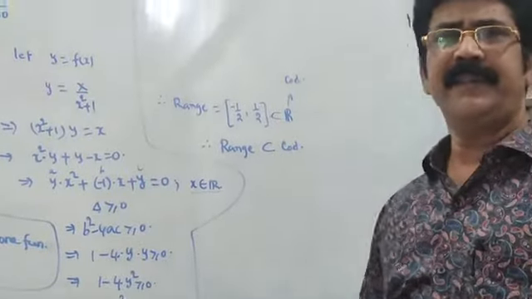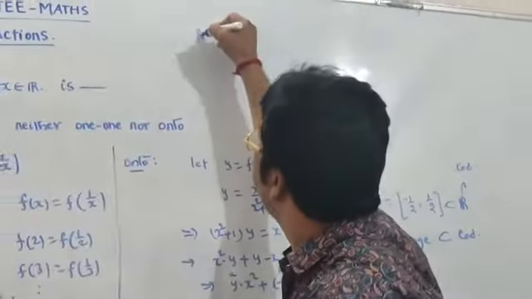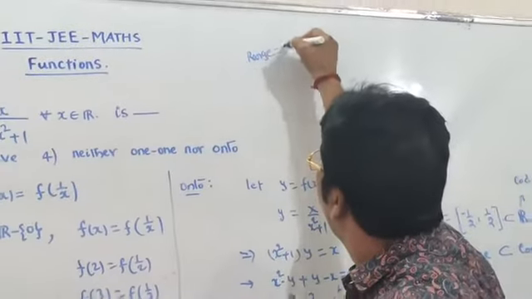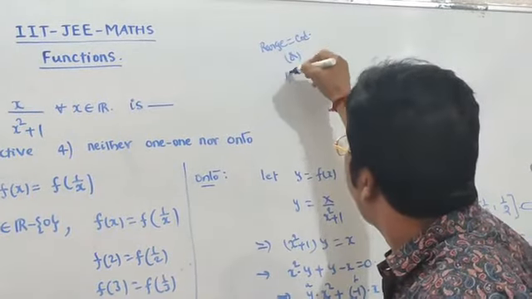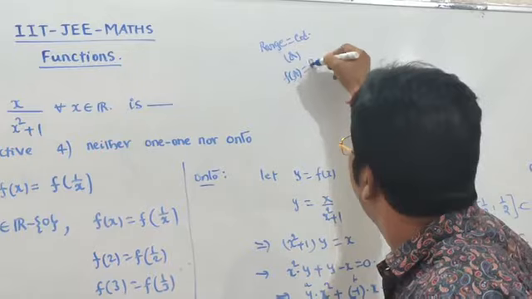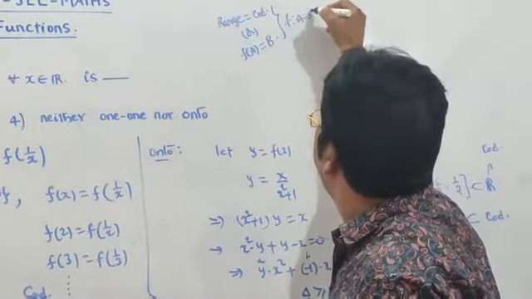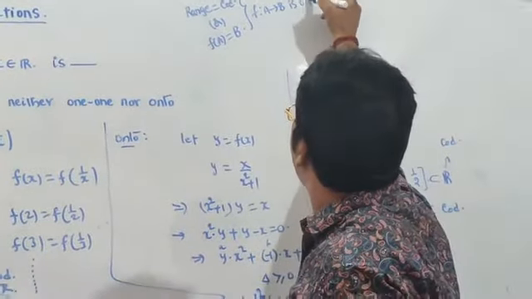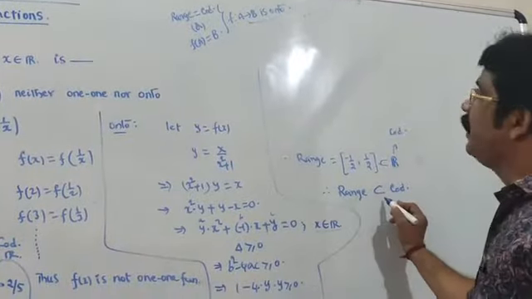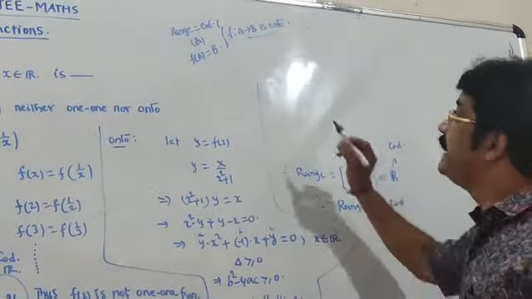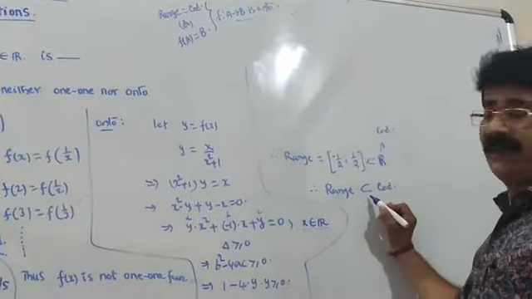What is the actual definition of onto function? Onto function means range is equal to codomain, or f of A is equal to B; then f from A to B is called an onto function. Therefore, when it is a subset, mind it, if it is equal then onto, but it is not equal.